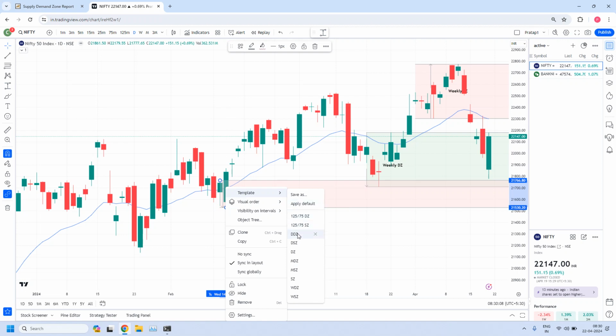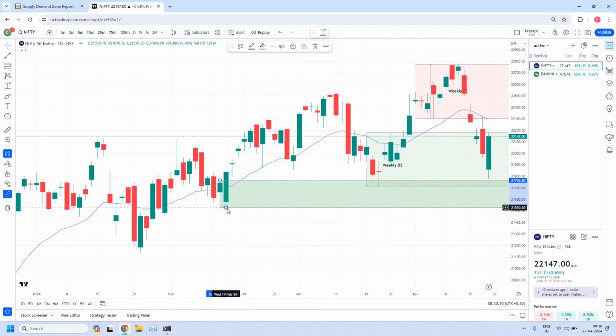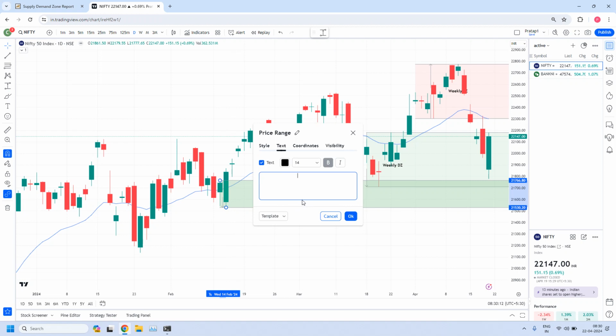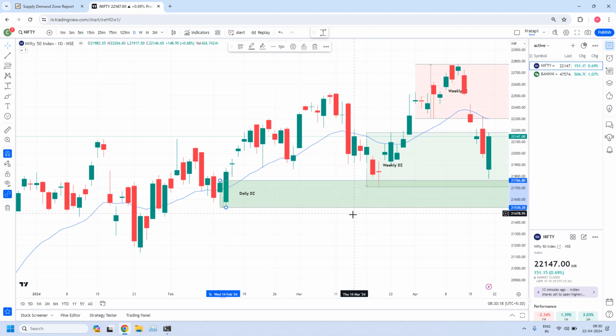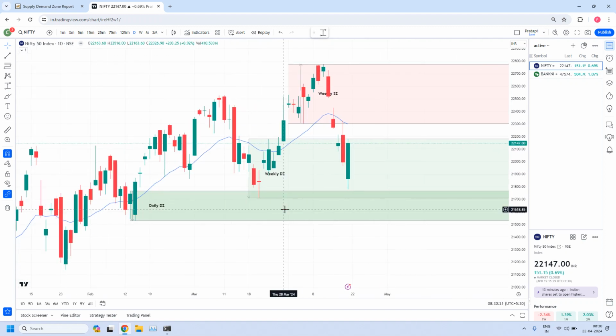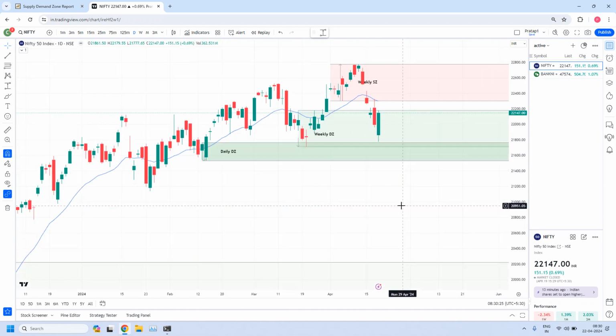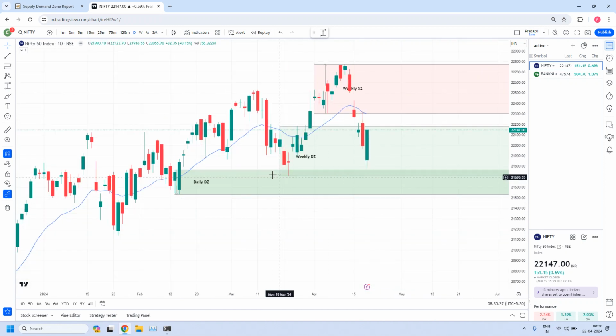And I'm changing the color to daily demand zone, and also let me mark the text: this is not a high liquidity zone. This is a daily demand zone, but it is having importance because it is responsible for the creation of this weekly demand zone. Orders are picked up from this daily demand zone and then weekly zone is created.